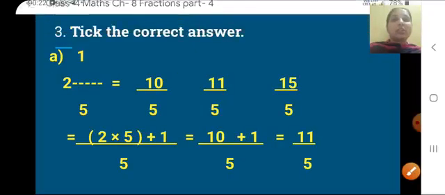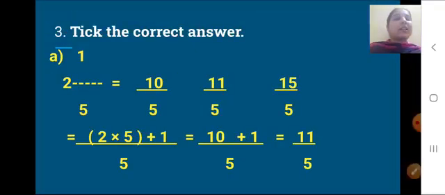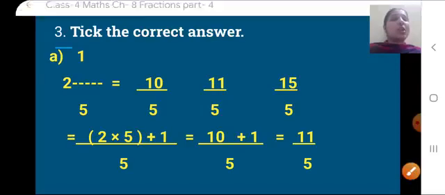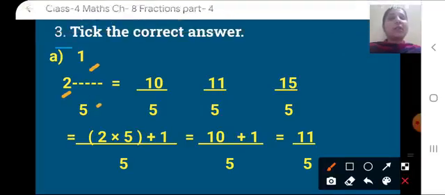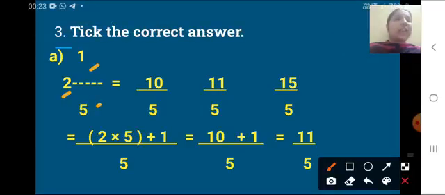Now children, number 3 is to tick the correct answer. Here one mixed fraction is given, which is 2 whole 1 upon 5. We have to tick the correct improper fraction for this mixed fraction.